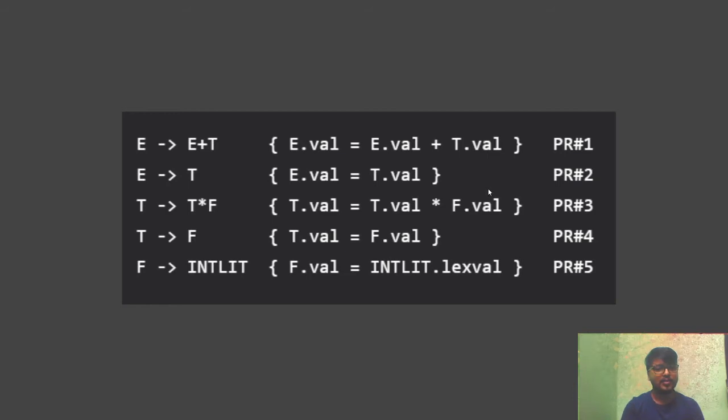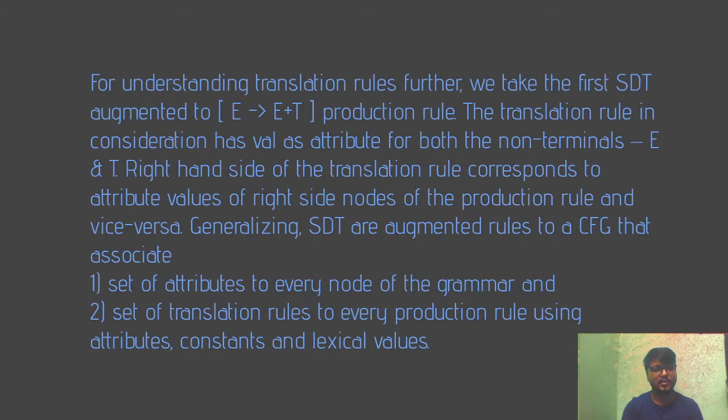The translation rule considers value as the attribute for both the non-terminals E and T. The right hand side of the translation rule corresponds to the attribute values of the right side nodes of the production rule and vice versa. Generalizing, syntax directed translations are augmented rules to a context-free grammar that associate the set of attributes to every node of the grammar and the set of translation rules to every production rule, using attributes, constants and lexical values.